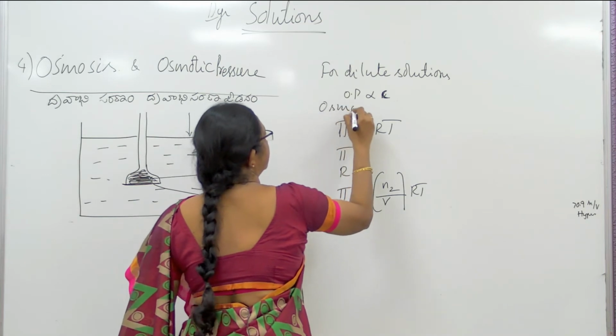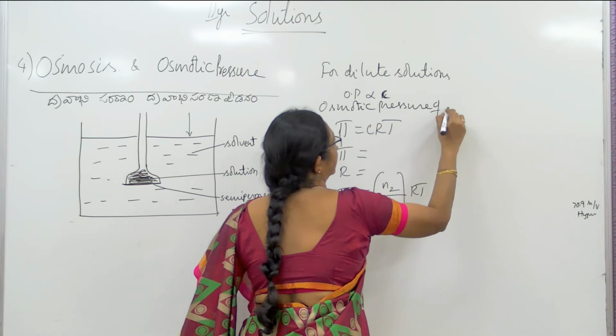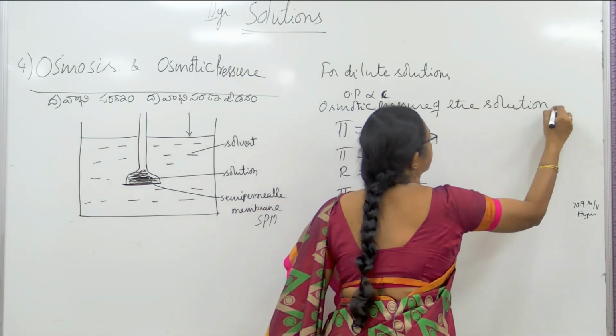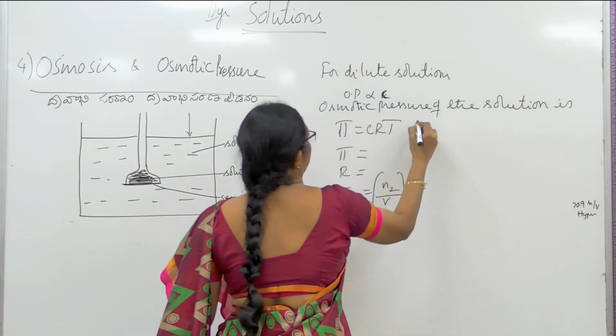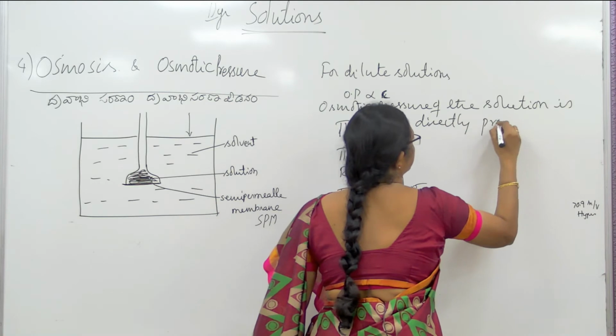Now let us see. Because we are saying that osmosis mainly depends upon the concentration of the solution, there is a relation between osmotic pressure and the molarity of the solution.